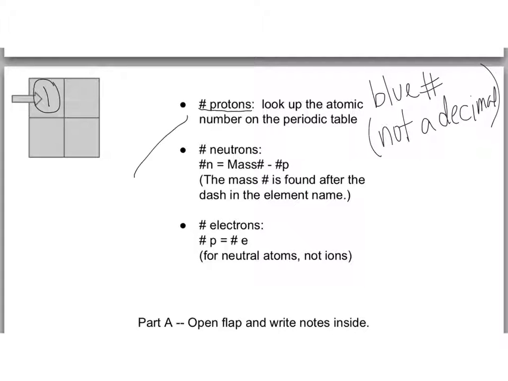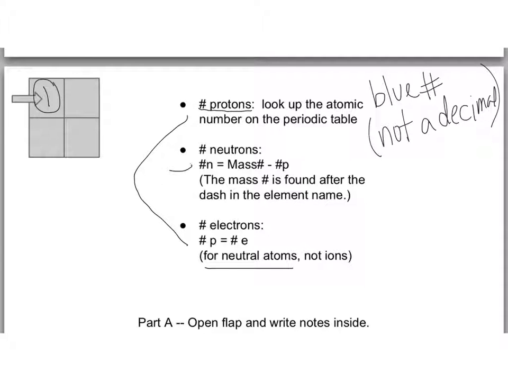The protons and electrons are equal because for now we are saying these atoms are neutral. They have no charge. So your protons, which have a positive charge, have to balance out your electrons that have a negative charge. The neutrons, that's where it's a little more complicated.